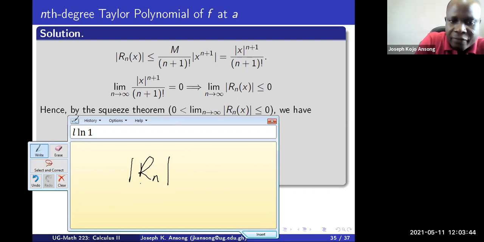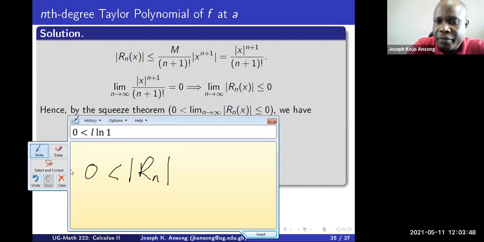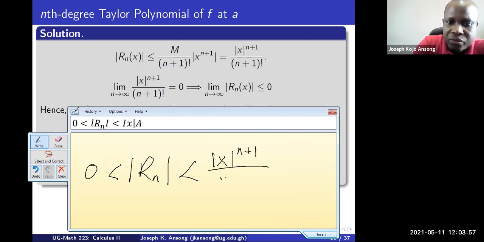And then we just showed that it is also less than or equal to the absolute value of x to the n plus 1 all over n plus 1 factorial.